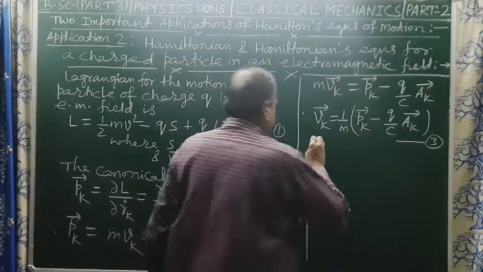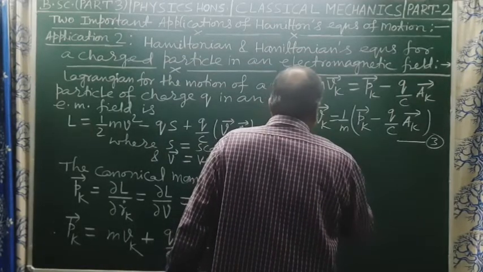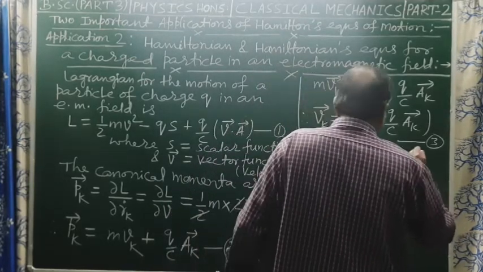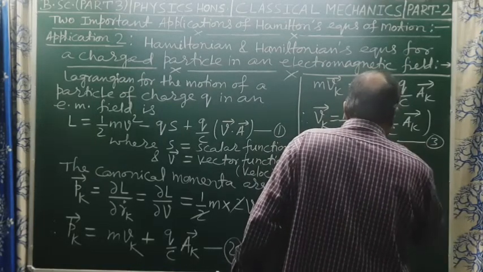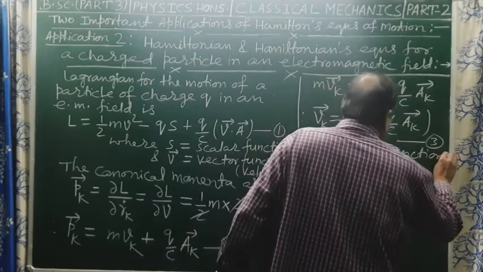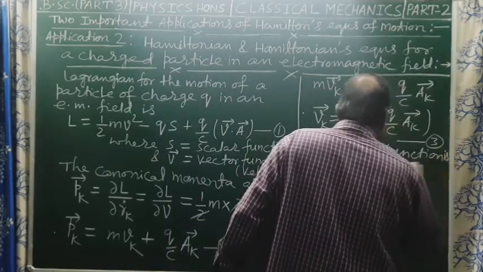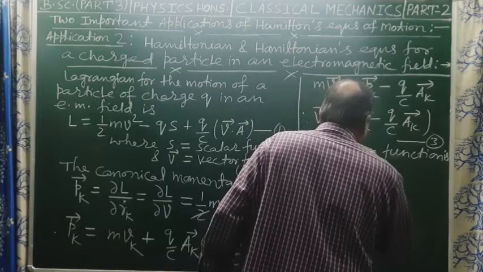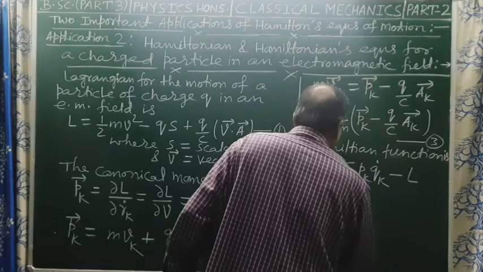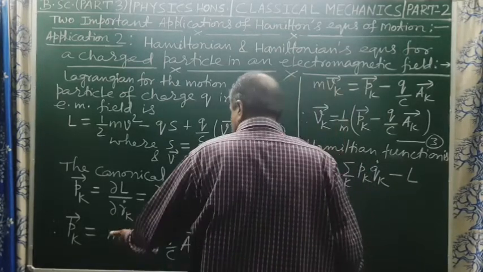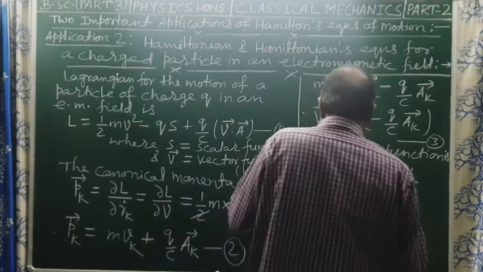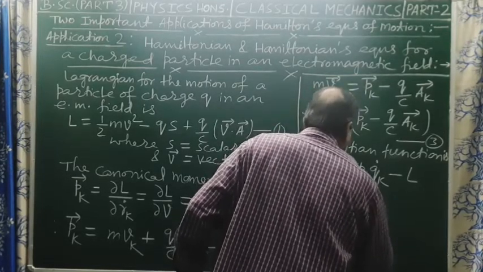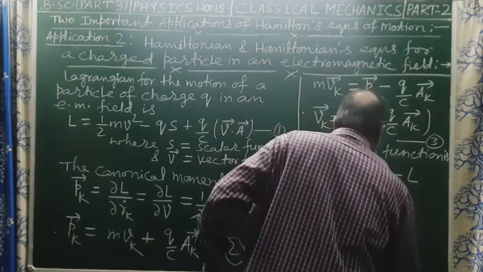So the Hamiltonian function h is given by h equals sigma over k pk qk dot minus L. Sigma over k, pk is here m vk plus q by c ak, and qk dot is velocity vk. In place of qk dot we can write vk.